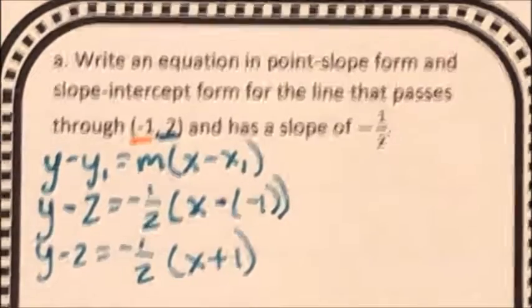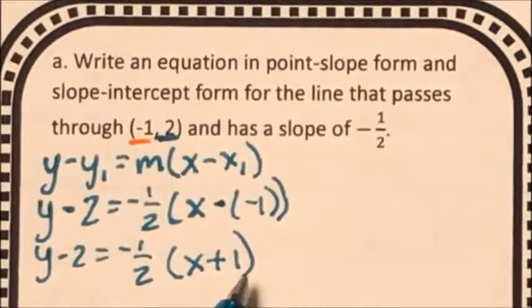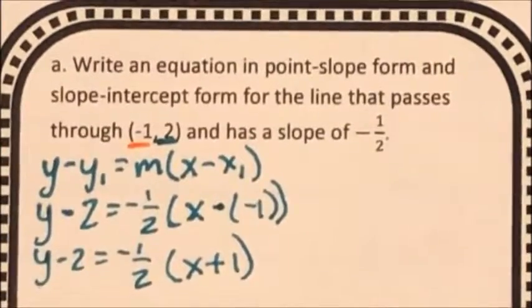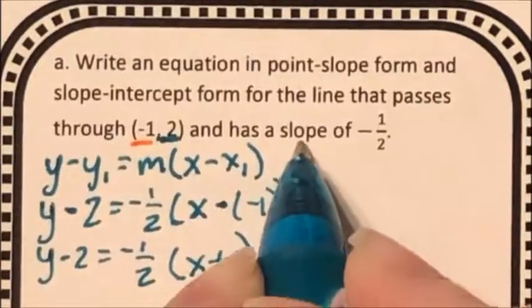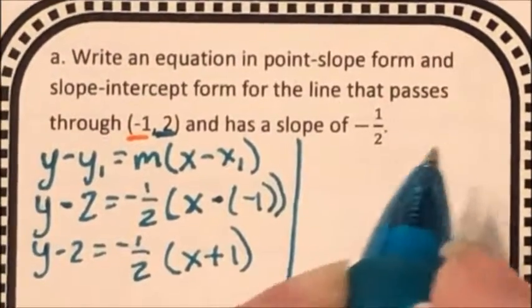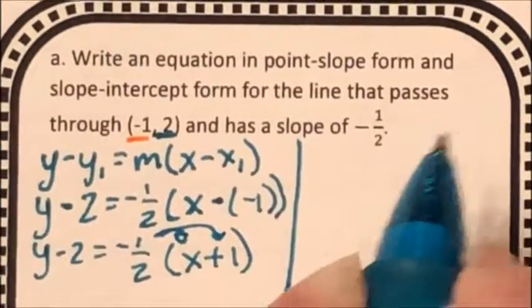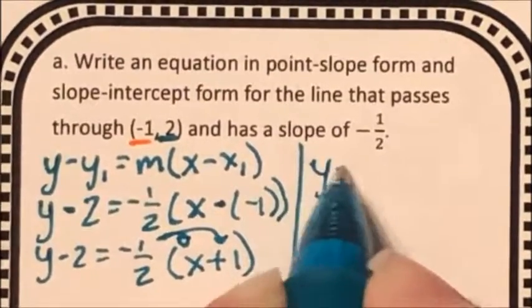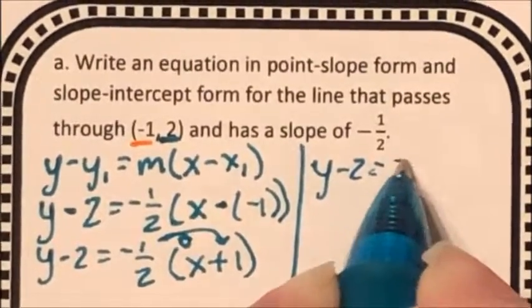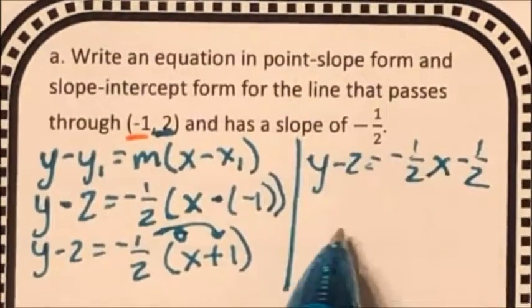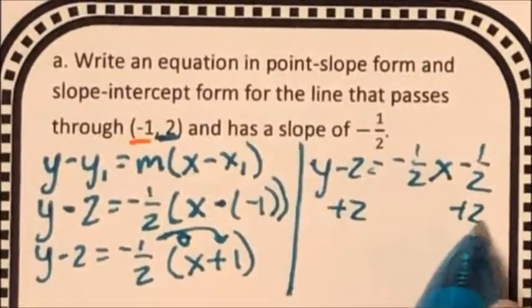Okay, then I'm going to take this equation and I'm going to solve it or simplify it. So that means I'm going to distribute this -1/2. So I get y minus 2 equals negative 1/2 x minus 1/2, and then I'm going to add 2 to both sides.